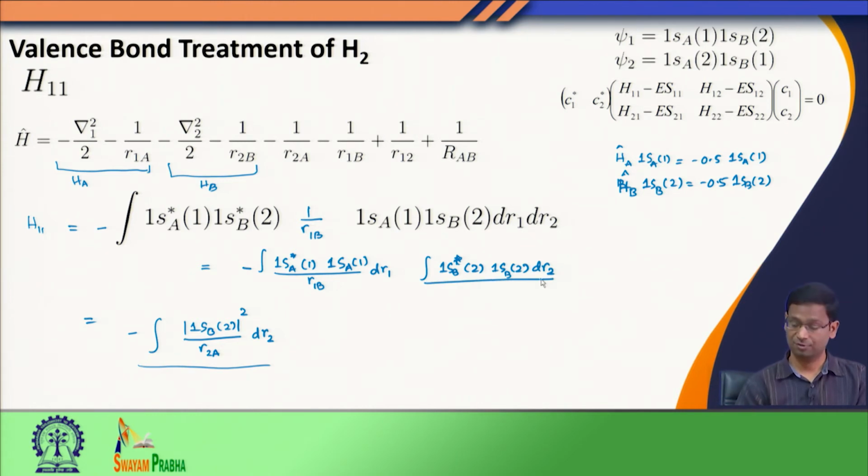Now, this term is going to be 1 because 1s_b is a normalized function, and when I look at this term, it also resembles another Coulomb integral.